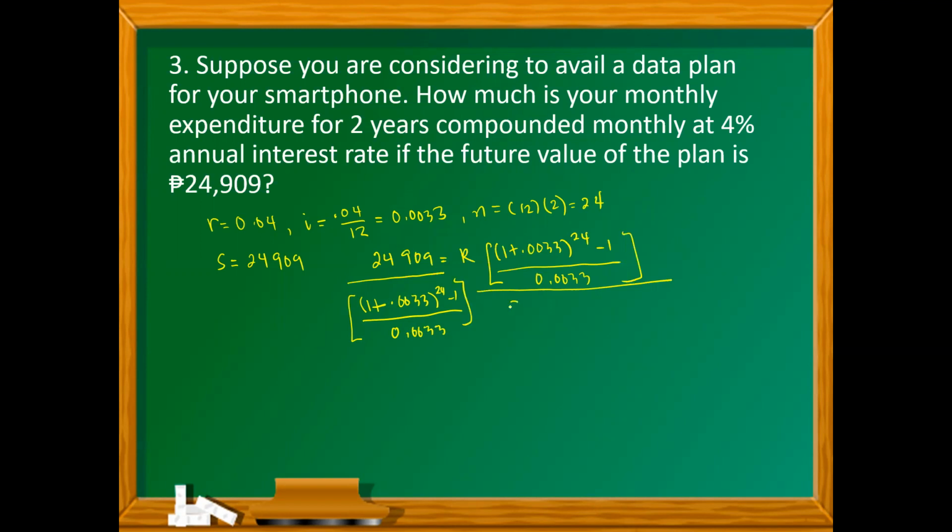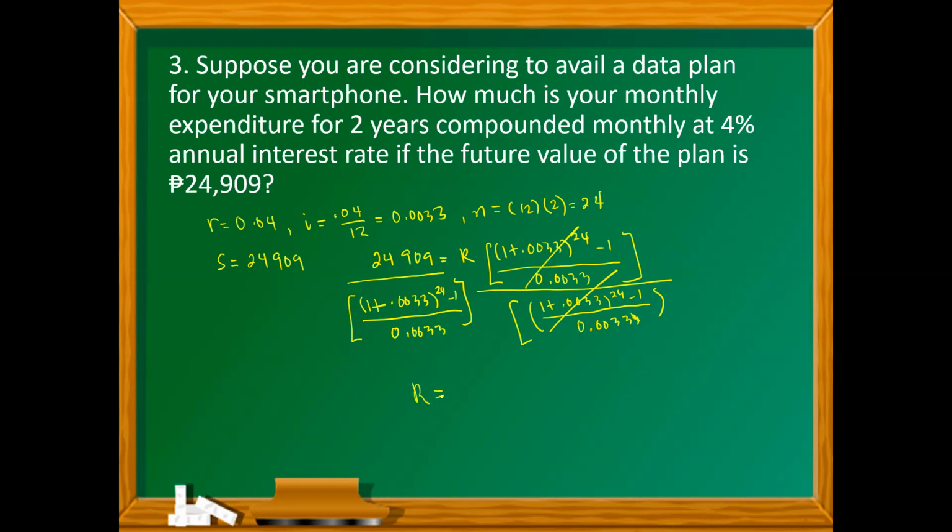Okay. So the purpose is to isolate R, and we'll be able to solve for R, of course. So this will be canceled, and solving for R requires us to divide the numerator by the denominator.